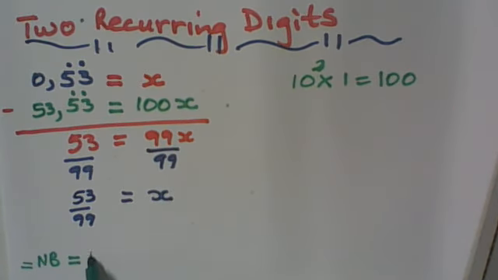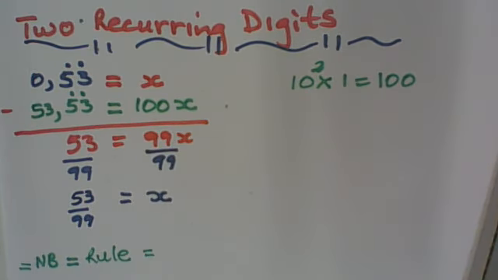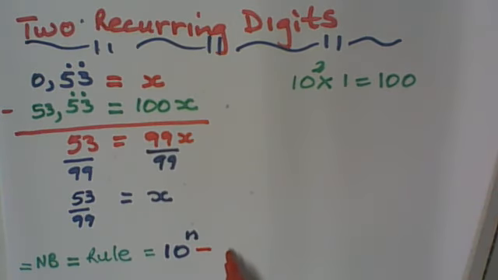Now the rule is, you take 10 to the power the number of recurring digits, and then what do you do to that? You subtract 1. Subtract 1. Let it be read.